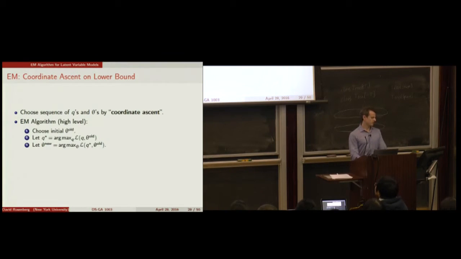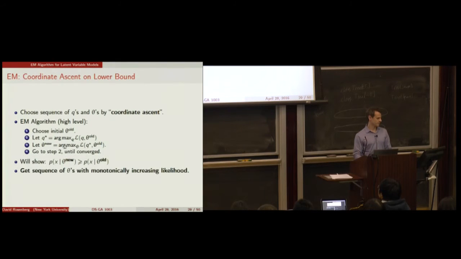So here is the EM algorithm at the high level. We start with an initial random point for theta. We maximize over all probability distributions Q of L(Q, theta), and then we fix that Q star and maximize over theta, and repeat. What we'll show is that the thetas give us monotonically increasing likelihood.